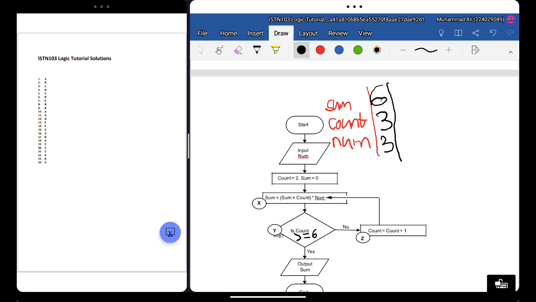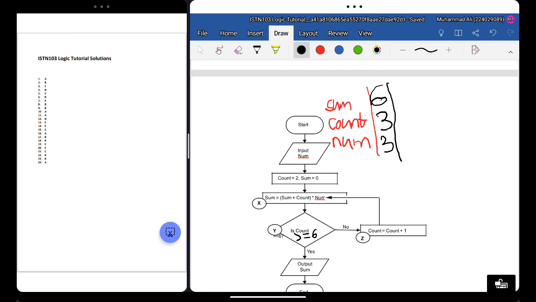Now, going back, let's see. Sum is equal to sum plus count times num. Our updated sum is 6 and count is 3, so 6 plus 3 is 9. 9 times num, updated num is 3. So 9 times 3 is 27.